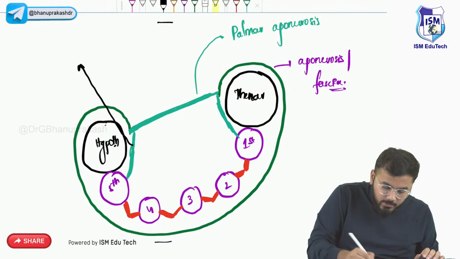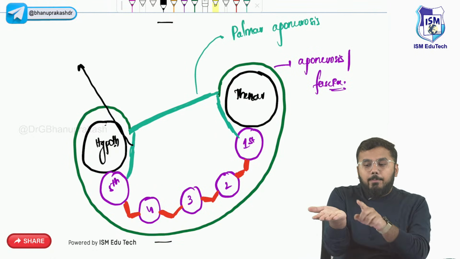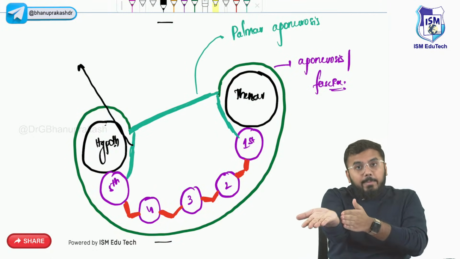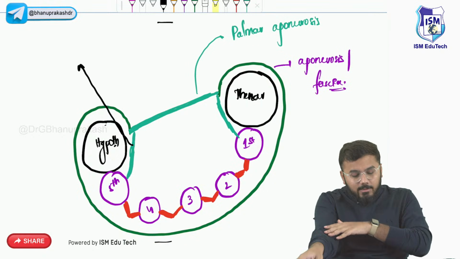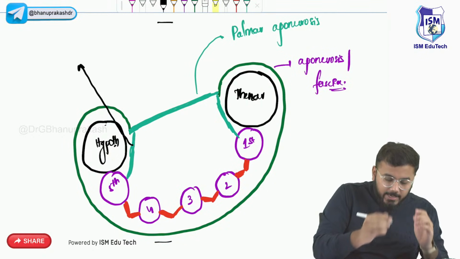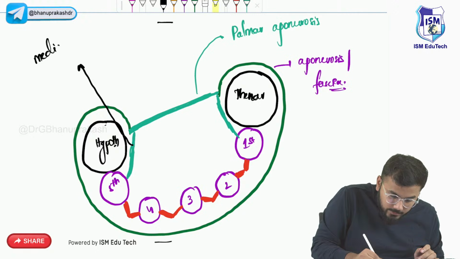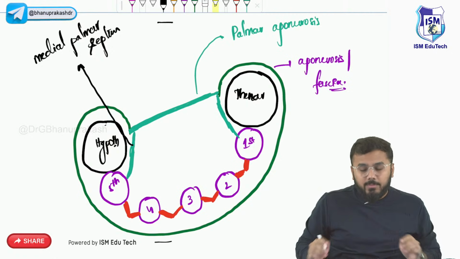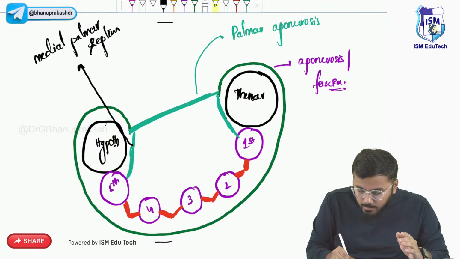This septum is towards the hypothenar region. What is this side, medial or lateral? This is my medial side. This is my lateral side. So this septum is present on the medial side, so I call it the medial palmar septum because it is on the palm. Medial palmar septum. So the other one will become the lateral palmar septum.